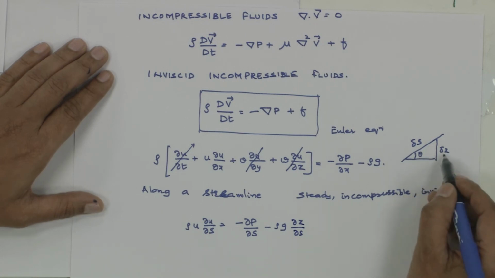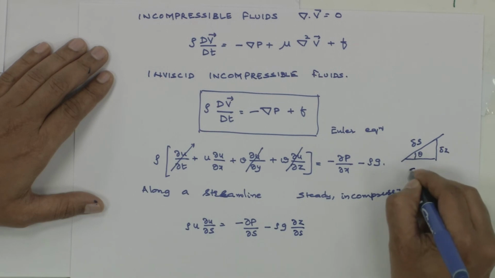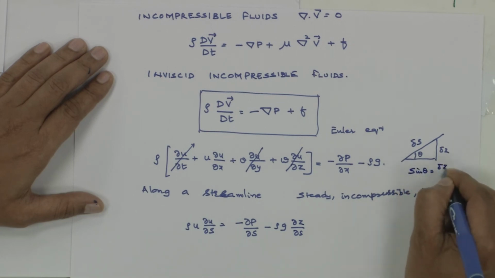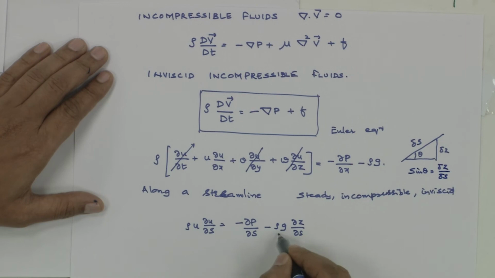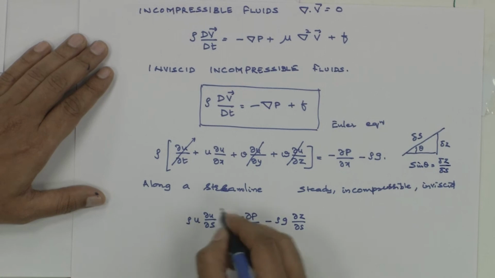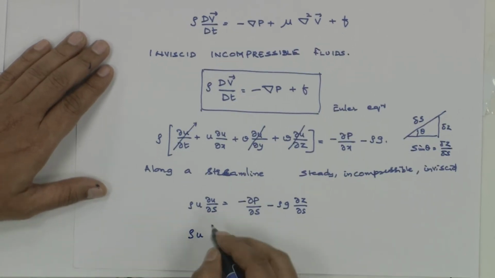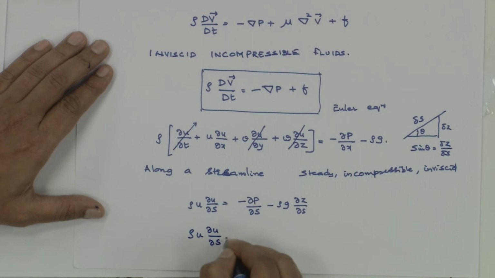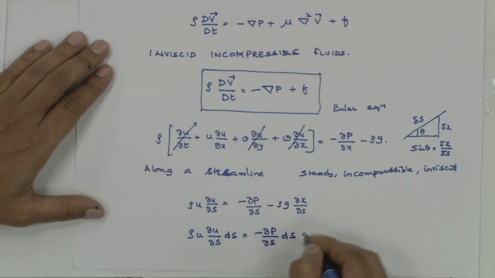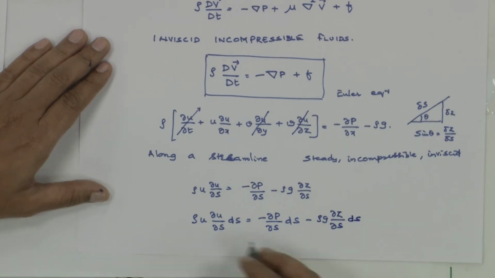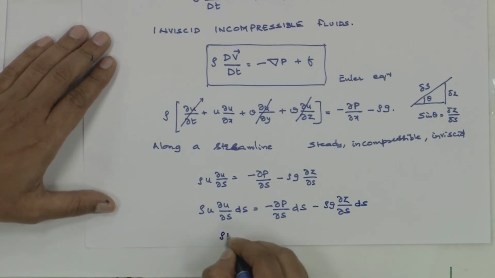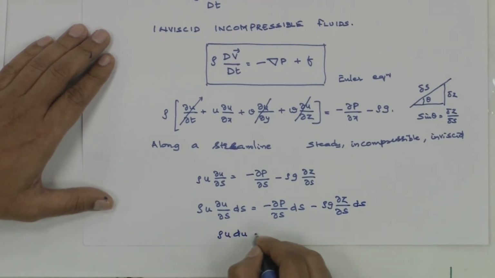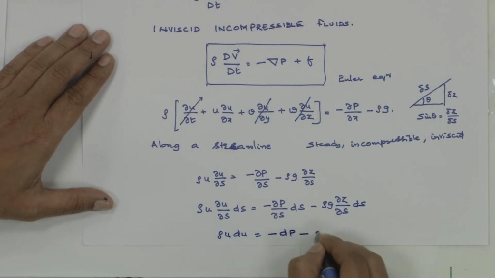Sine theta is nothing but delta Z by delta S. So you have rho g del Z by del S. Let me multiply throughout this equation with ds. So rho u del u by del S ds equal to minus del p by del S ds minus rho g del Z by del S ds. So what will I get? This is nothing but rho u du equal to minus dp minus rho g dz.